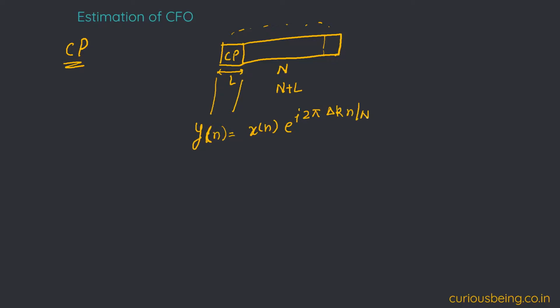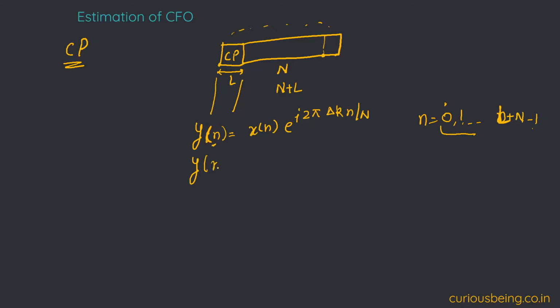Now in this case my time index n will run from 0, 1, 2 till N plus L minus 1, because I'm starting from 0. So the total number of samples is N plus L. Now let's write the signal starting from here.